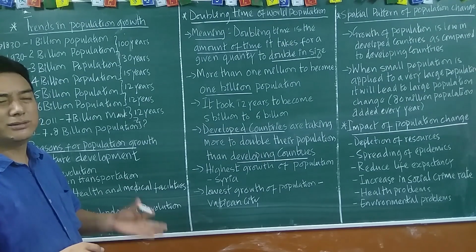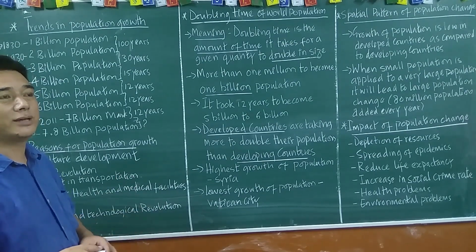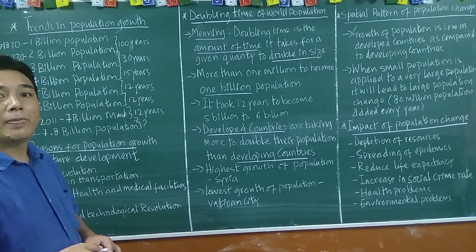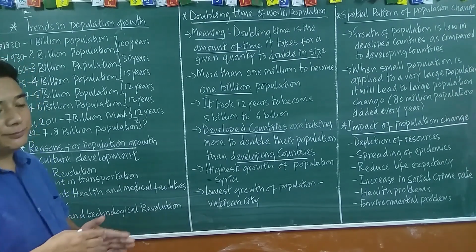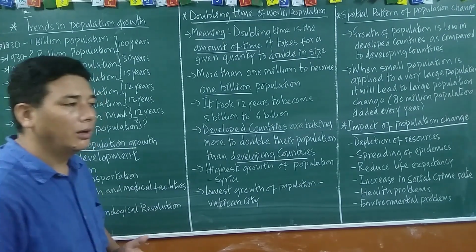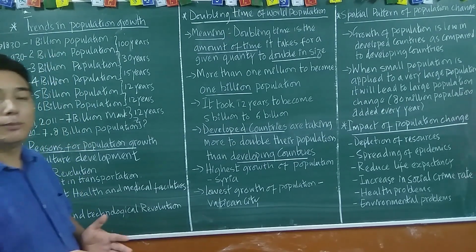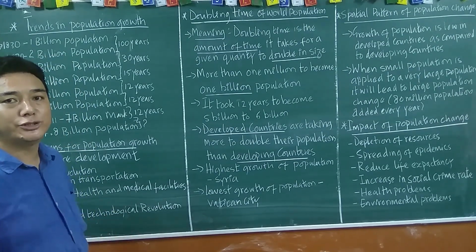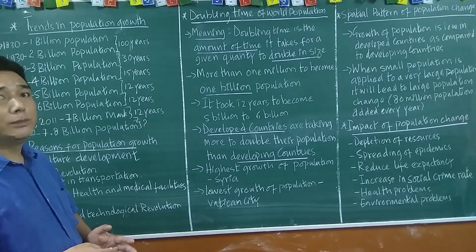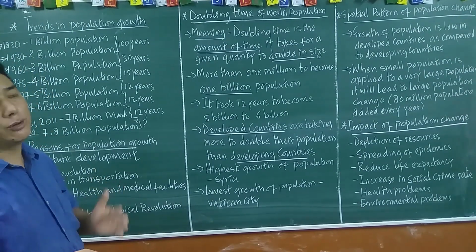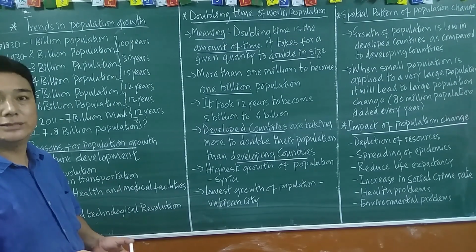There are three main factors: geographical factor, economic factor, and the social cultural factor. After that, we went on to the topic of components of population change. What led to the population change? In population change, the main components are birth rate and death rate.